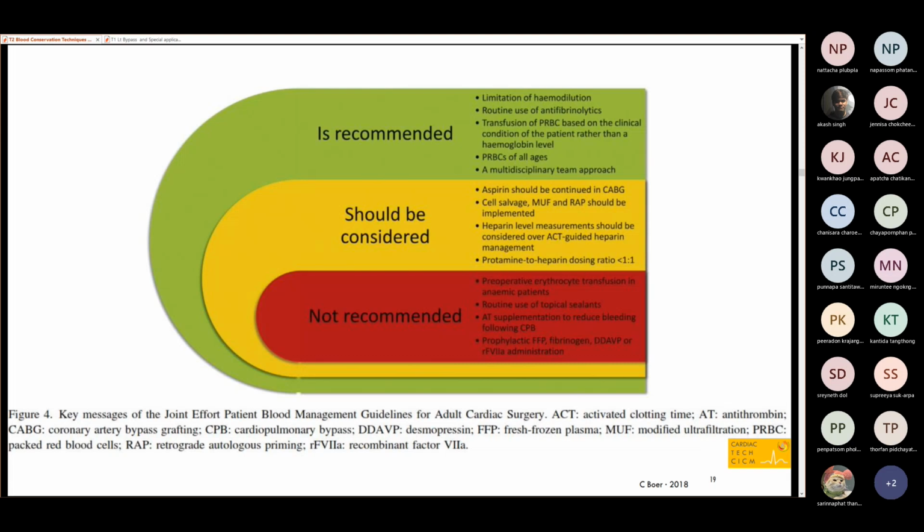This is more important, because if you just have some results and give blood or blood transfusions, that might not help too much.